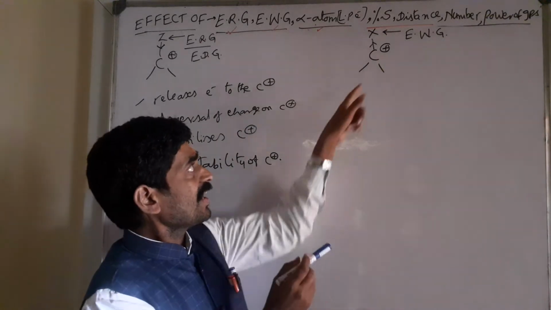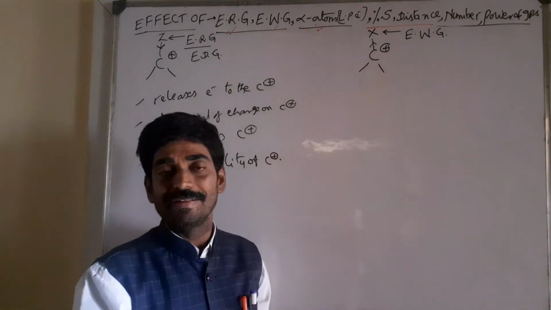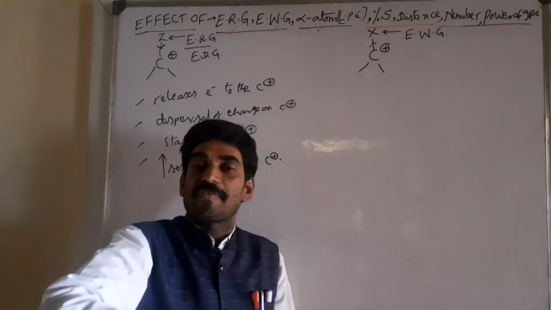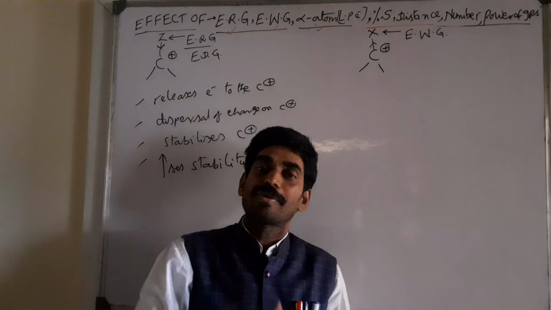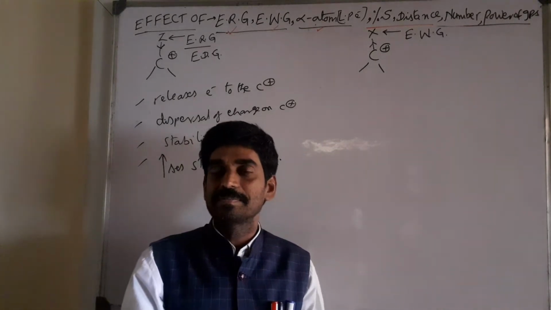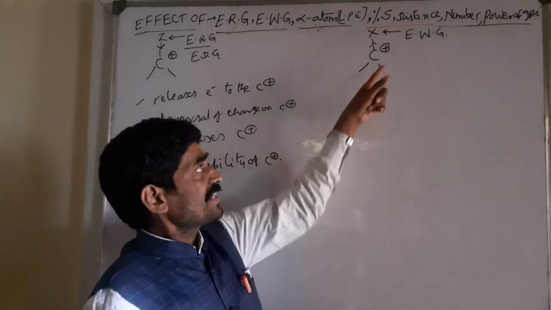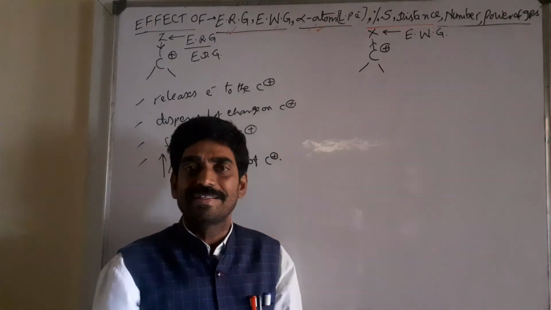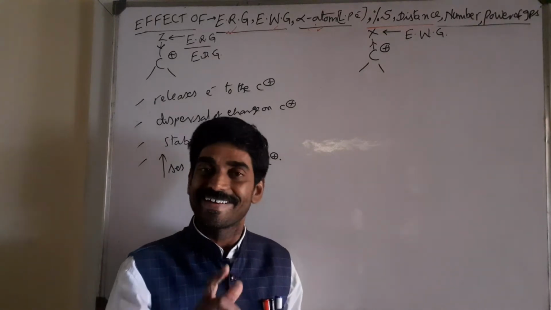So already the carbocation is unstable. It needs electrons. Again, the electron withdrawing group is a bad friend. It is withdrawing electrons from the carbocation, like withdrawing money from the bank or from an ATM. So already it is unstable. Again, it is taking electrons from the carbocation. It is going to be more unstable. It destabilizes the carbocation, right?